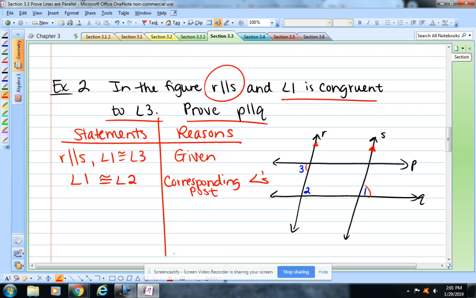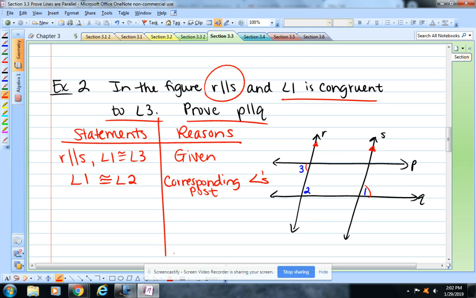So look at what I've got here. Angle 1 is congruent to angle 3. Angle 1 is also congruent to angle 2. So what else can I say? If angle 1 is congruent to angle 3, and angle 1 is also congruent to angle 2, then 3 and 2 must be congruent to each other.